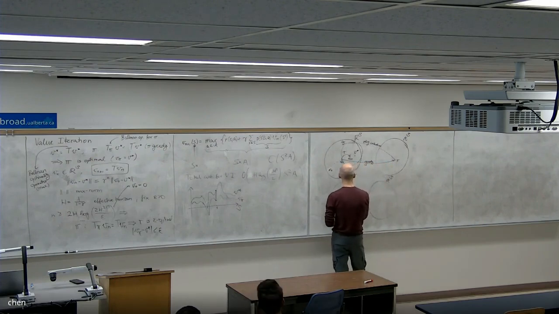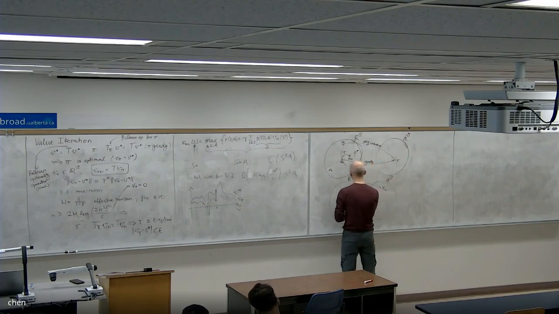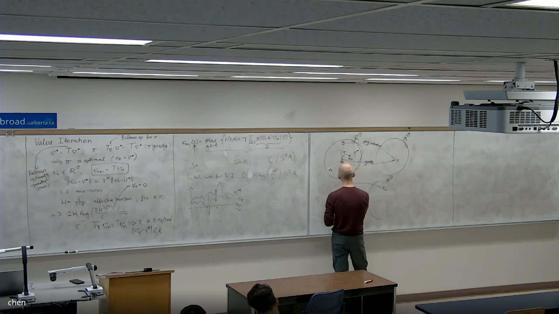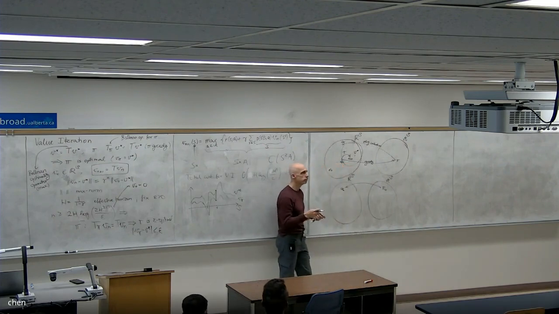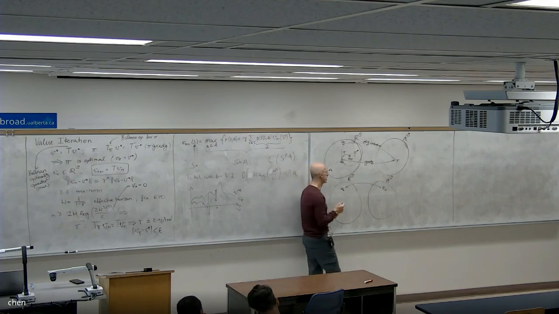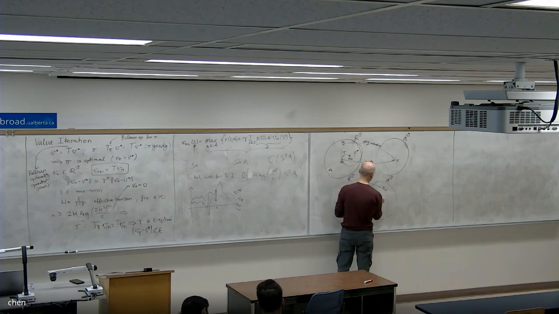So you start with a policy, actually. You start with pi 0. And then you evaluate it. You get some value function for this policy. And then you look at it and you say, oh, okay, maybe not this policy, but let's take the greedy policy with respect to this value function.